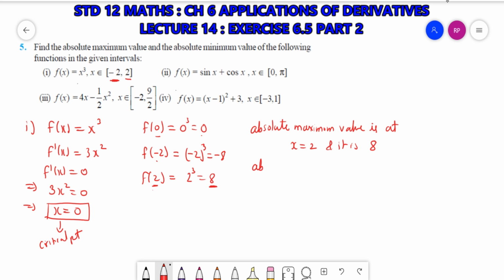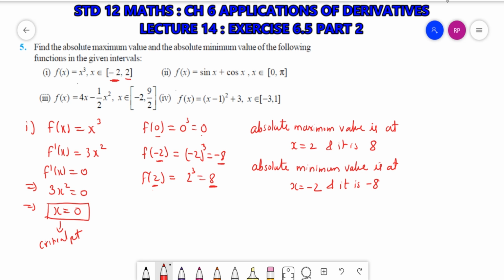On the other side, absolute minimum value is at x equal to minus 2, right? Because it is minus 8. This is the minimum at x equal to minus 2, and it is minus 8.